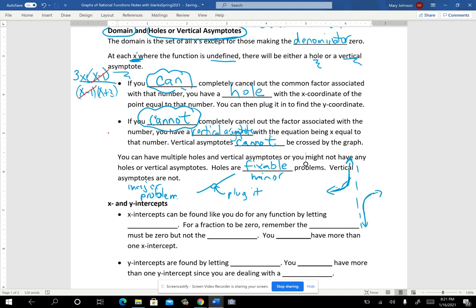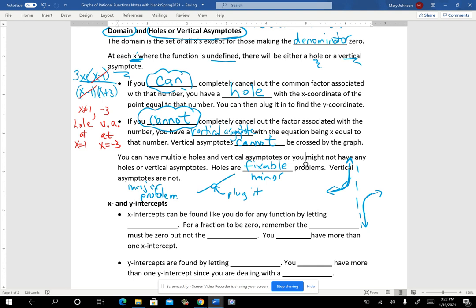That's like plugging the hole. So the function would be undefined at both 1 and -3. But because you can cancel out the factor associated with the number 1, you have a hole at x equals 1. You have a vertical asymptote at x equals -3.